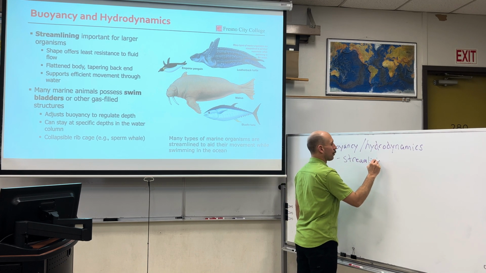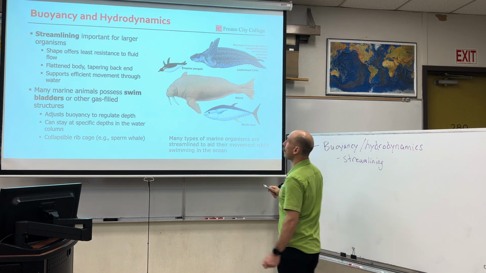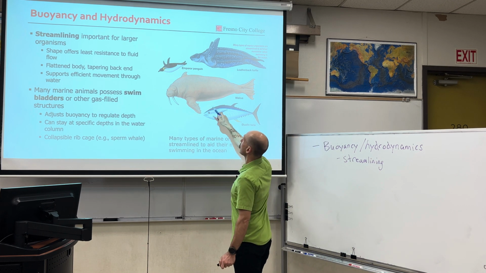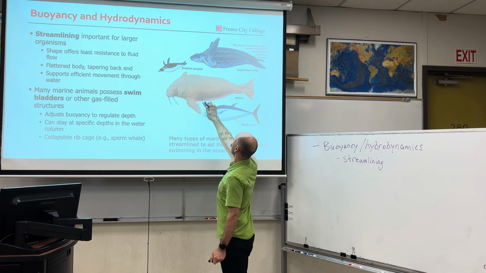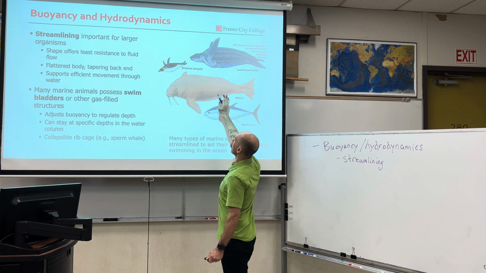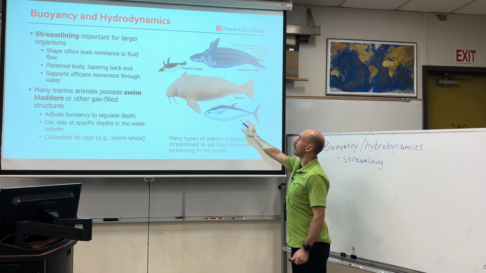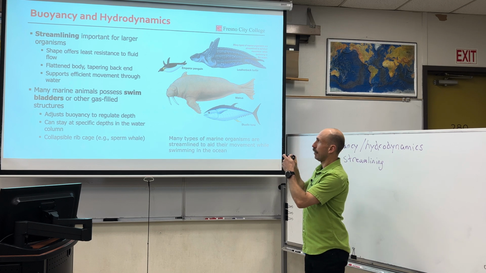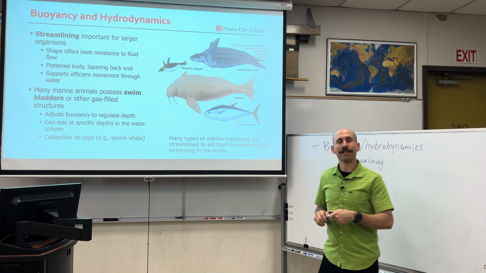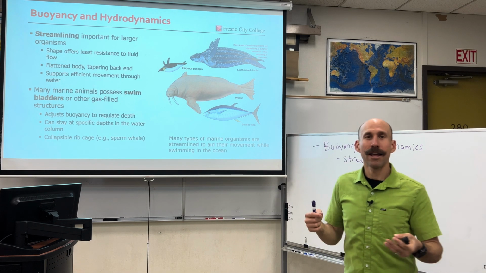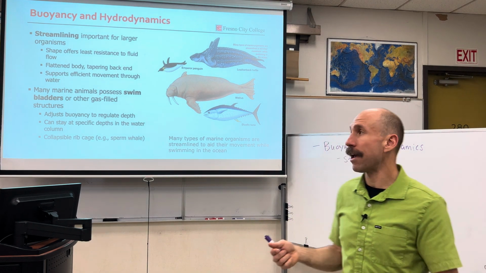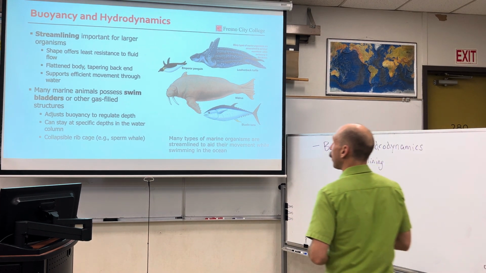This is called streamlining. They have a very specific shape, flattened body, a tapered back end. This provides efficient movement through time and offers the least amount of resistance to swim through the water so that animals use the least amount of energy as they swim.